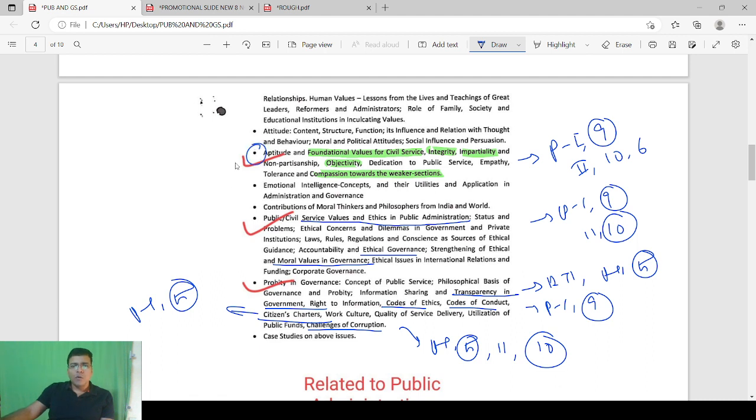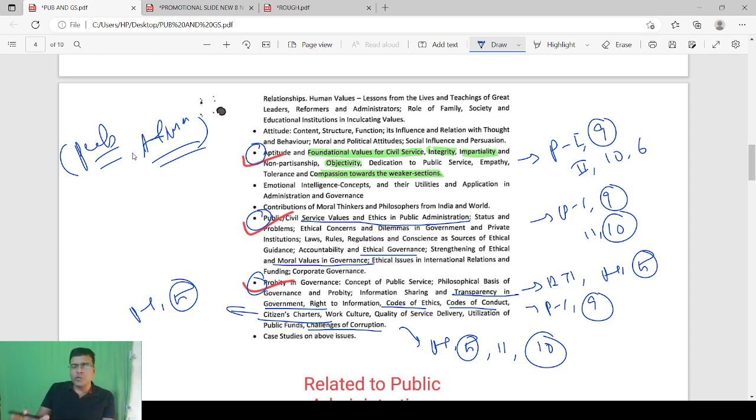So this part and this part, again we read in public administration. These are something we can think about when we take an optional.